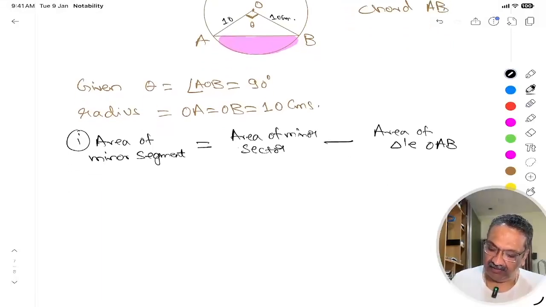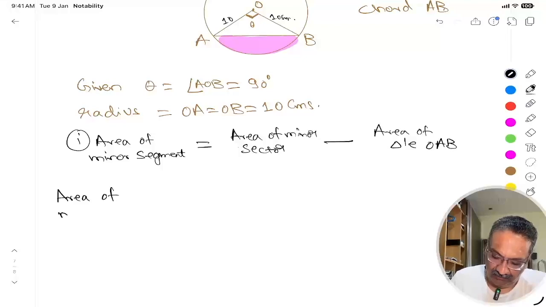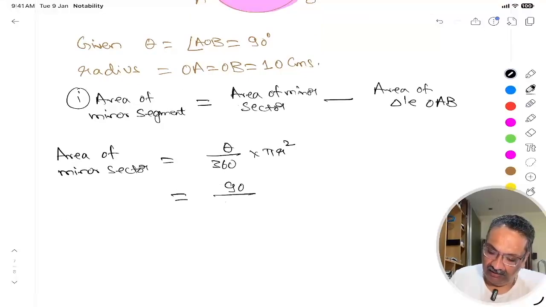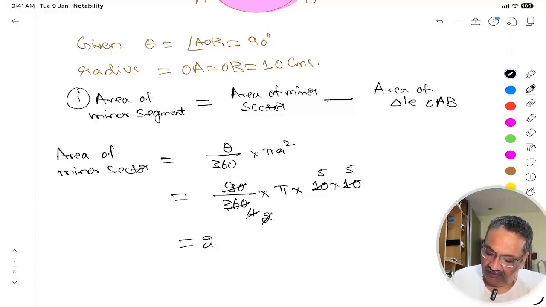Now first let us find the area of minor sector. Area of minor sector is equal to, we know the formula, theta by 360 into pi r square. This is nothing but, see we have theta as 90 divided by 360 into pi into r square, that is 10 into 10. 9 1s are 9, 9 4s are 36, 2 2s are 4, 2 5s are 10, 1 5 is 25. So I have this area as 25 pi centimeter square.